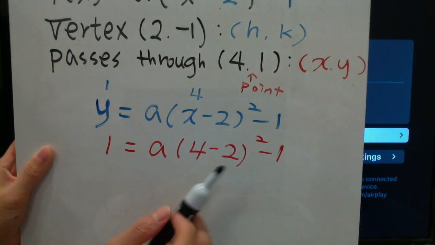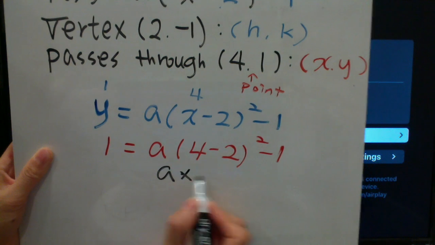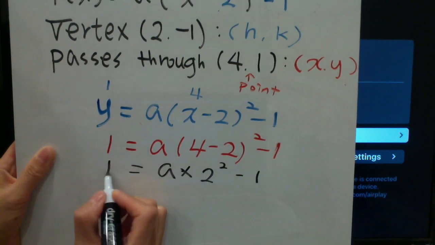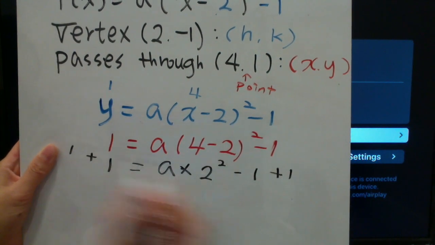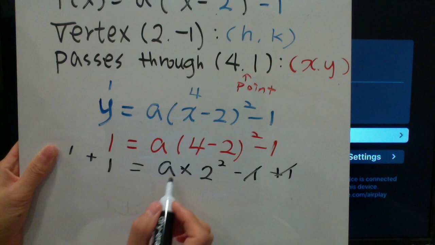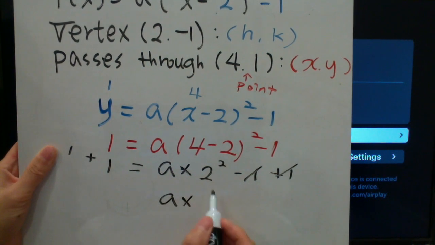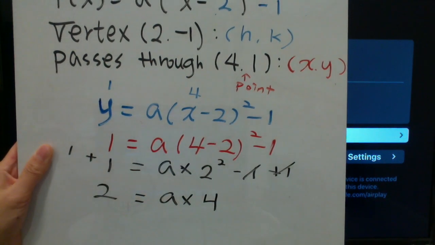4 minus 2 is 2. So A times 2 squared, minus 1, is 1. So I will add 1 to each side, so it will be gone. So here A times 2 squared is 2 times 2, so it's 4A equals 2.